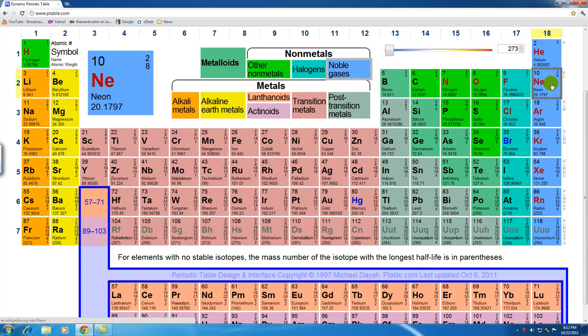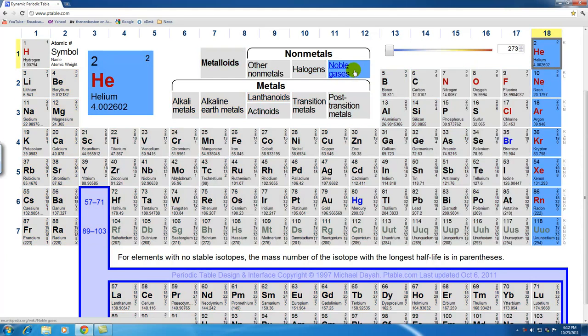So in chemical reactions, noble gases already are filled up. So that is why these are very, very unreactive elements. It's really hard to get these noble gases to react with any other element in chemical reactions. And actually, for a long time, they thought that it was impossible. But then some guy came along and he figured, hey, it is just really hard to do, but not impossible. But that's a story for another day.